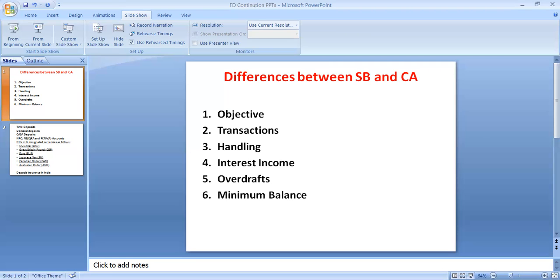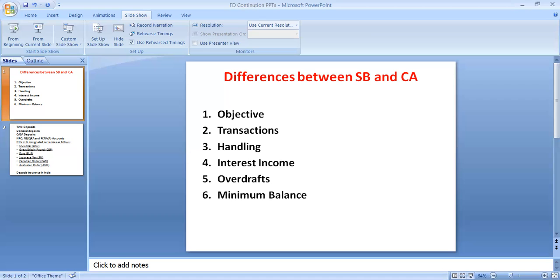The current account facility helps the business to run without the hurdles, without the problems due to non-availability of funds and short-term deficits. So this is all about handling. So saving account involves personal handling of assets. However, current account holders are free of personal handling of liquid funds.